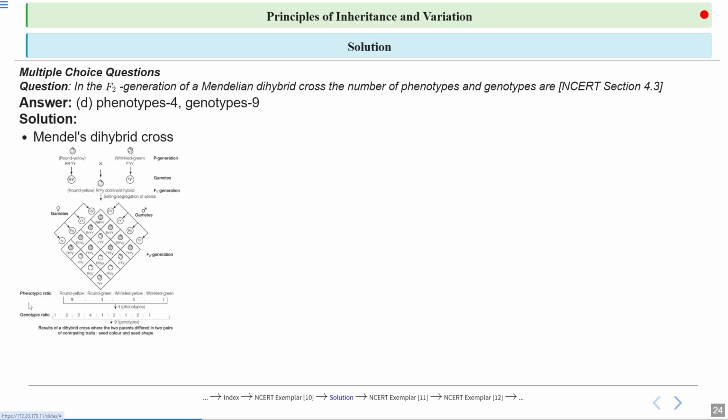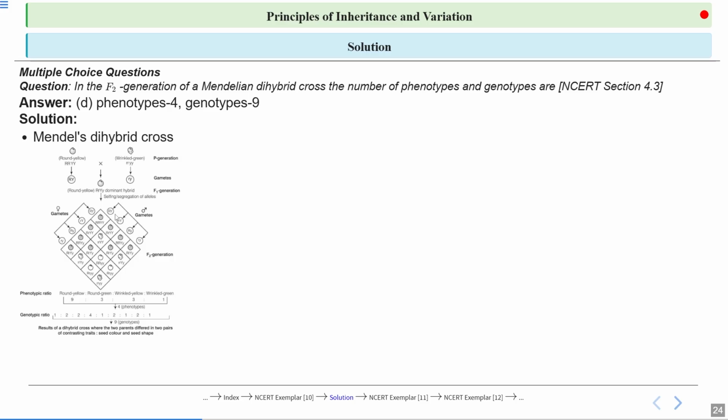So again, you can make a dihybrid cross here. You can make a cross between a plant having round and yellow seeds with a plant having wrinkled and green seeds. You can write the genotype. One parent is homozygous dominant and the other parent is homozygous recessive. Then you can write the gametes formed by each parent. Then the F1 will be heterozygous. Clear? Selfing of the F1 is done.